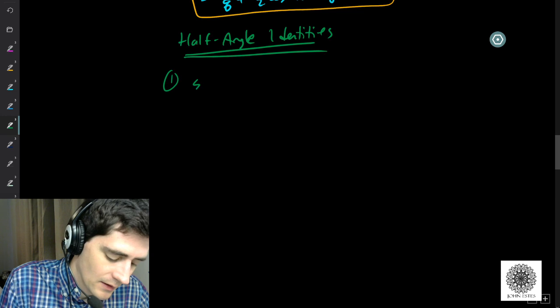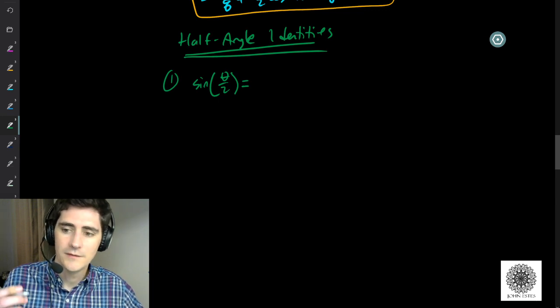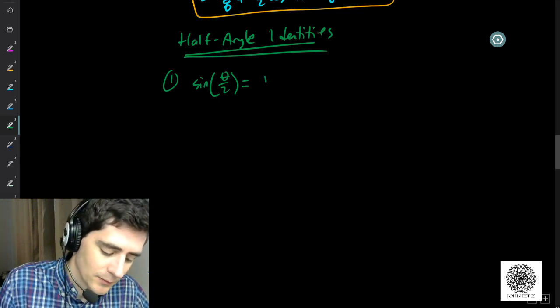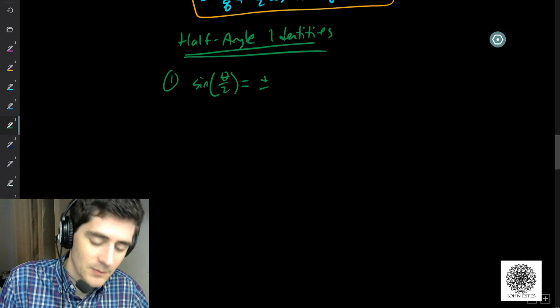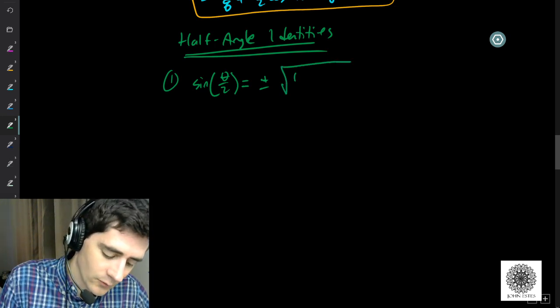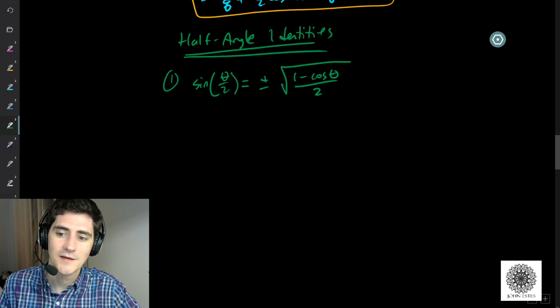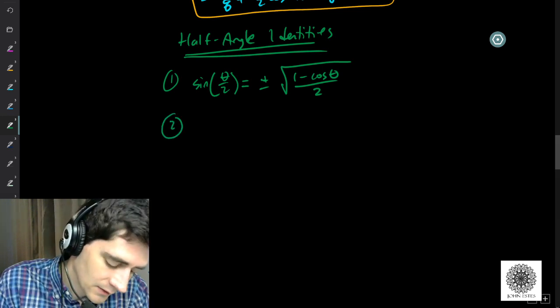Alright, so here I'm going to have sine of theta over 2, so this is my half angle identity. What I have to do then is say plus or minus, so it could be plus or minus depending on the context, square root of 1 minus cosine theta over 2. That's my half angle identity for sine. For cosine, it's something very similar.